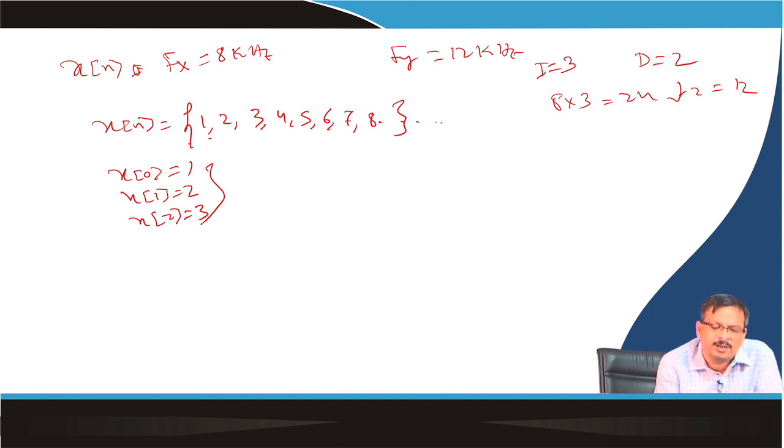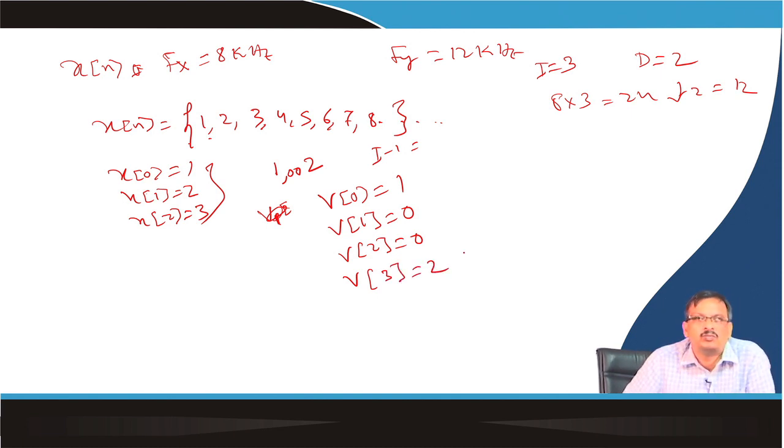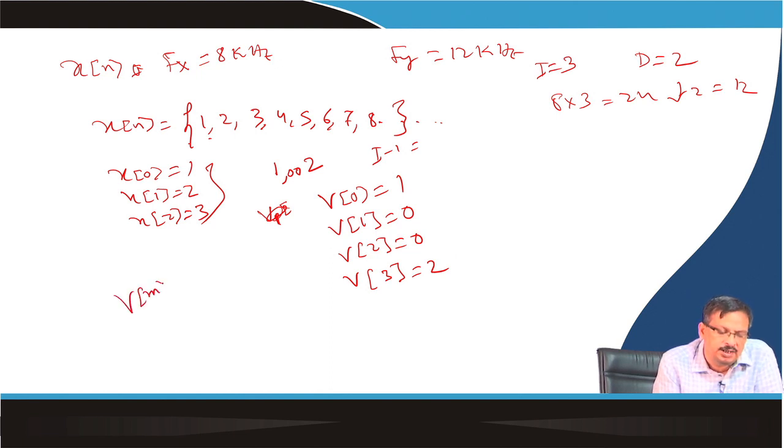Upsampling by 3 means in between 1 and 2 I put 2 zeros, I minus 1, so 3 minus 1 means 2 zeros. If V is my upsampled signal, then V0 is equal to 1, V1 is equal to 0, V2 is equal to 0, V3 is equal to 2, because V of m is equal to x of m by I, else 0.